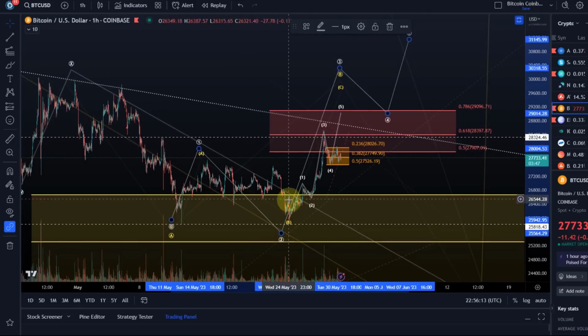if we have these 5 waves up, then we should see a 3-wave pullback, and this is then another 1-2 setup. One more word of caution: this bullish count is not really reliable yet until it forms a 5-wave pattern. Then at least we have evidence that it has bottomed, because at the moment, not really, because the move off the 12th of May low was just corrective.